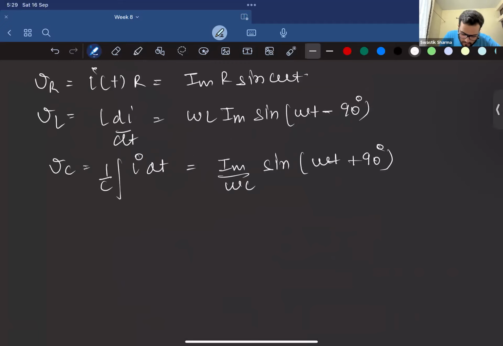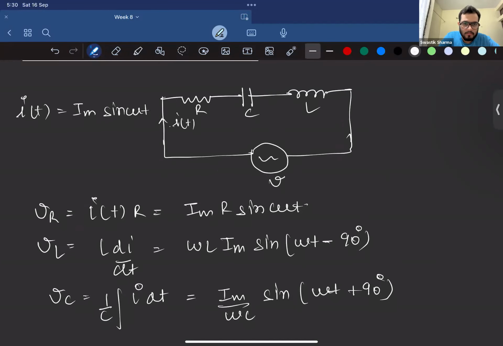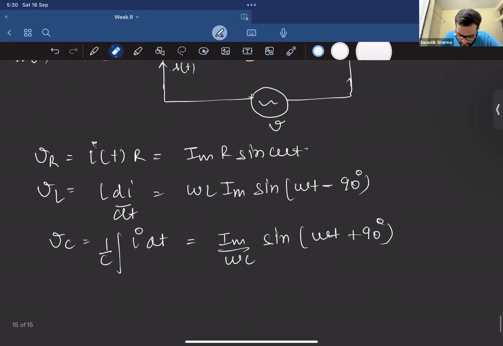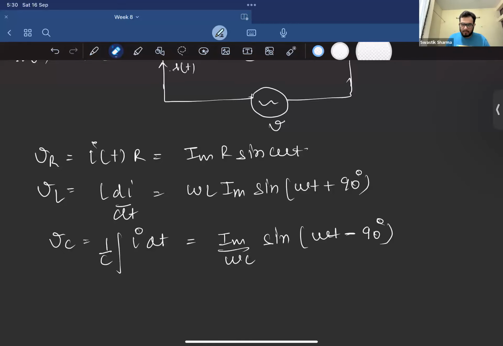Let me verify: L d(Im sin omega t) is omega L Im cos omega t, and for the capacitor it's minus cos omega t, so this will be minus. So that's how this whole circuit was formed.